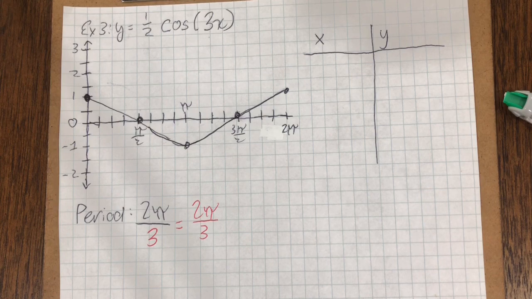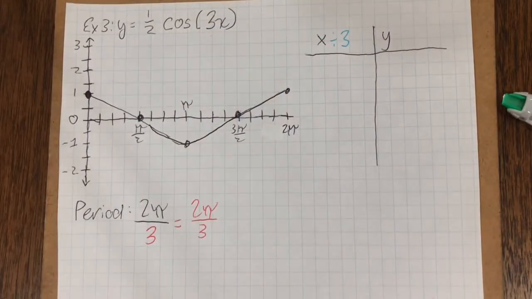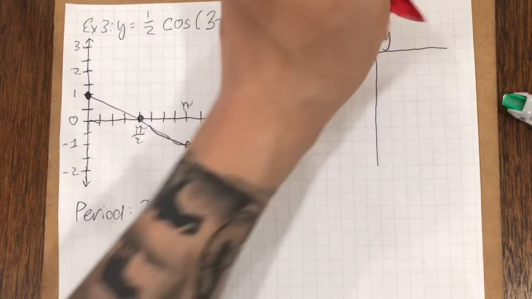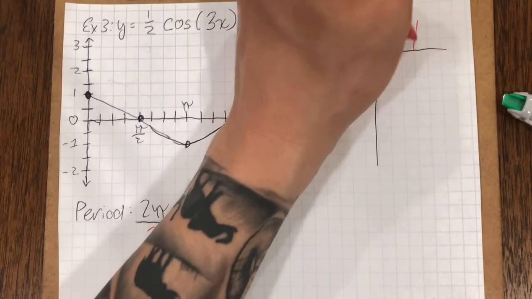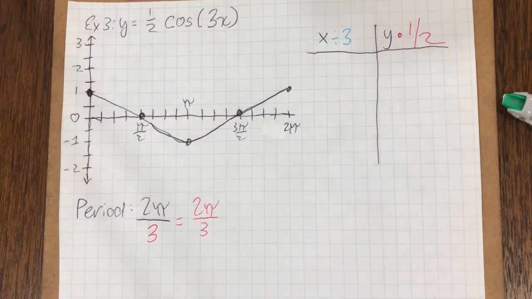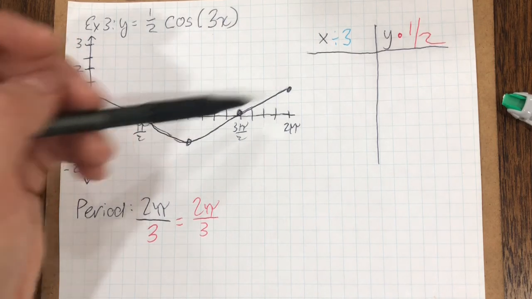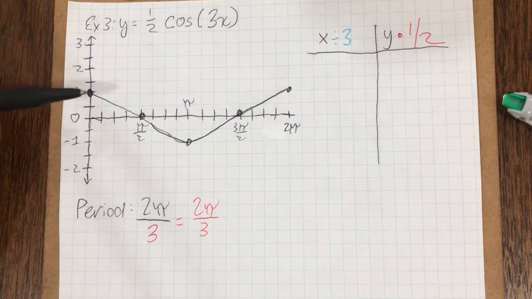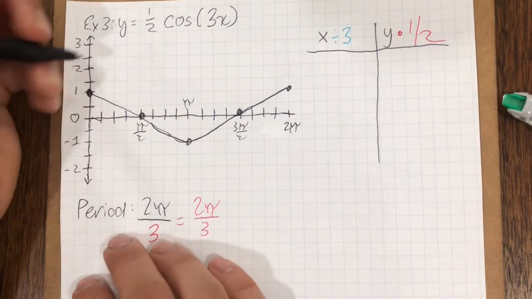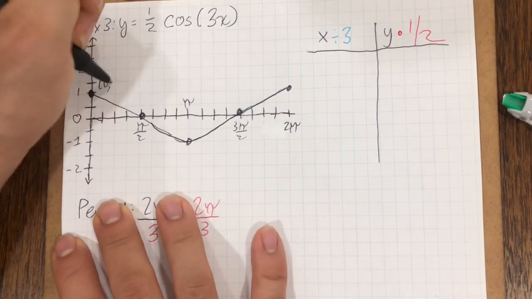So recall my x values, I divided by 3. My y values, I multiplied by a half. All right, so let's go ahead and write out the original x and y coordinates for the original graph and then see how they're going to change. So I'm going to start off with 0, 1. So we have 0, 1.